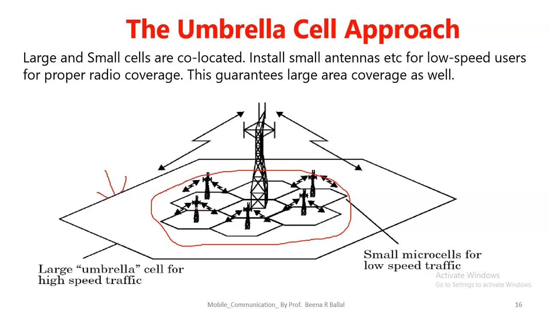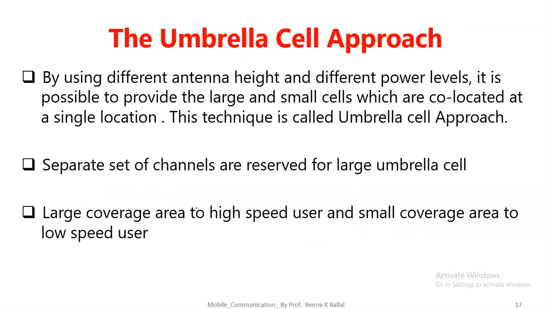A large cell is covering very small cells which are co-located. So the larger cell is used for high speed traffic and smaller cells are used for low speed traffic. Now by using antennas of different heights and different power levels, it is possible to provide large coverage as well as small coverage.